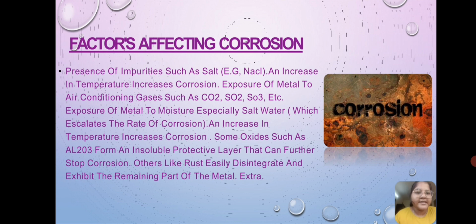Some oxides, such as Al2O3, form an insoluble protective layer that can further stop corrosion. Others, like rust, easily disintegrate and expose the remaining part of the metal.